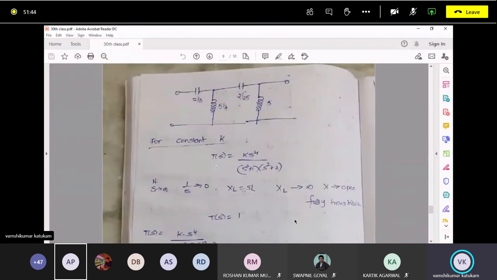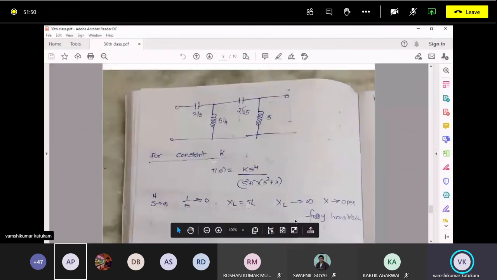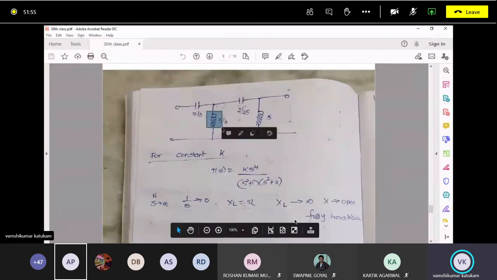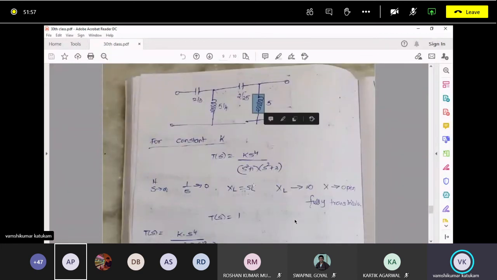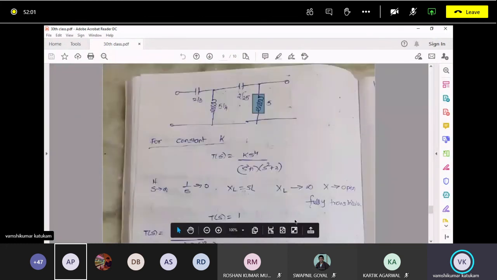So S tends to infinity, you can apply here. If S tends to infinity, then the inductors will be open because X L is S into L. With S tending to infinity, the inductor will be open, and you have full transmission, right? And the K value you are getting from the transfer function.